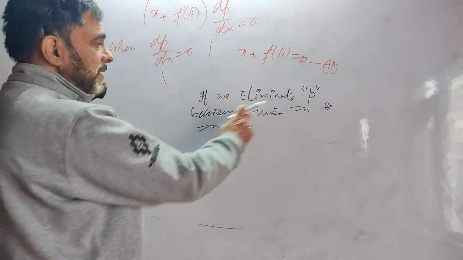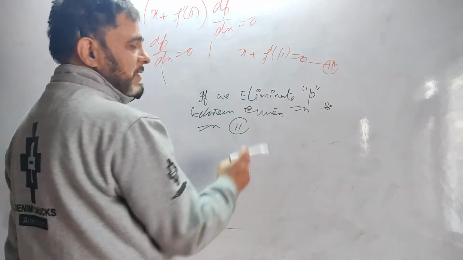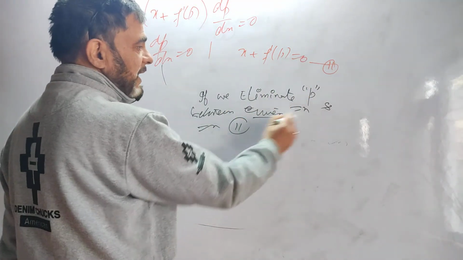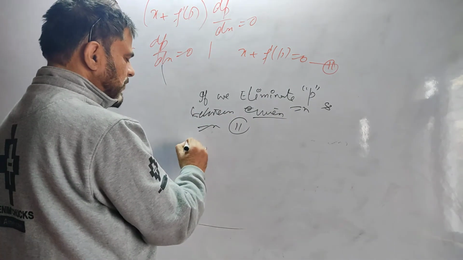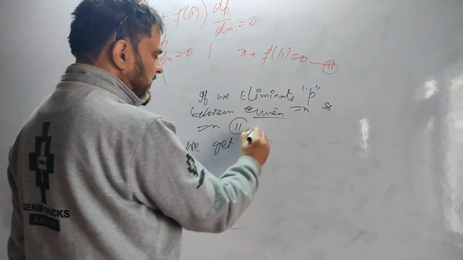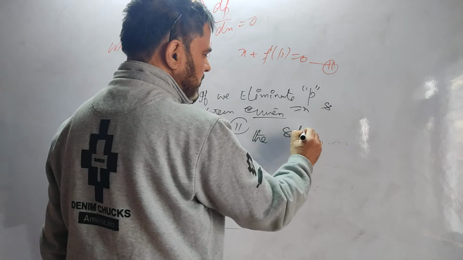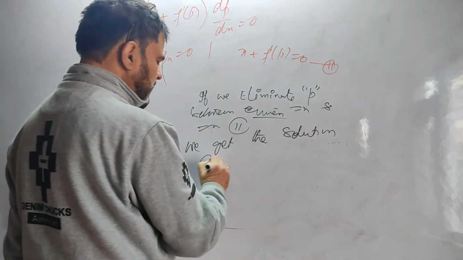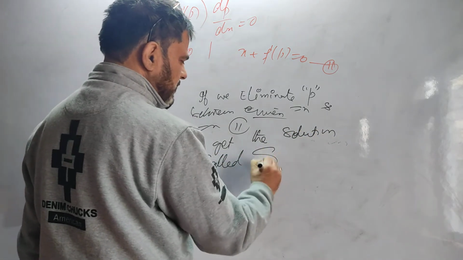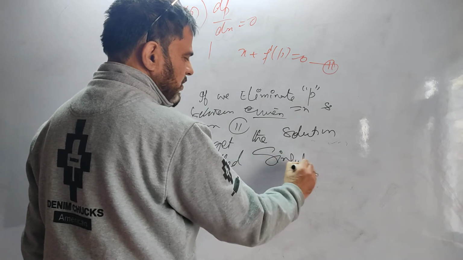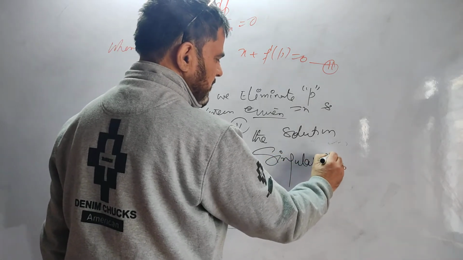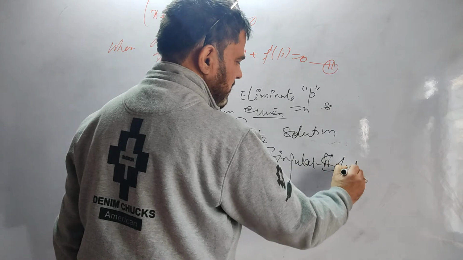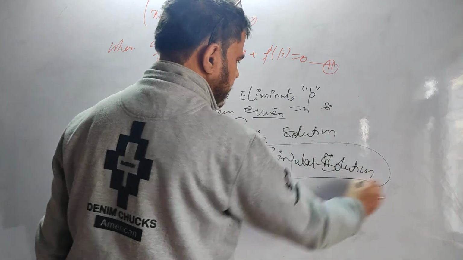But when you eliminate p between the given equation and this equation, we get the solution called the singular solution. Note it. That will be called the singular solution.